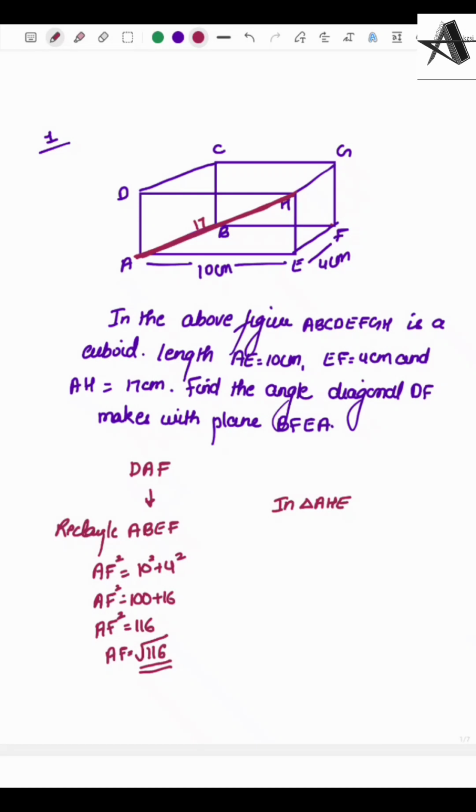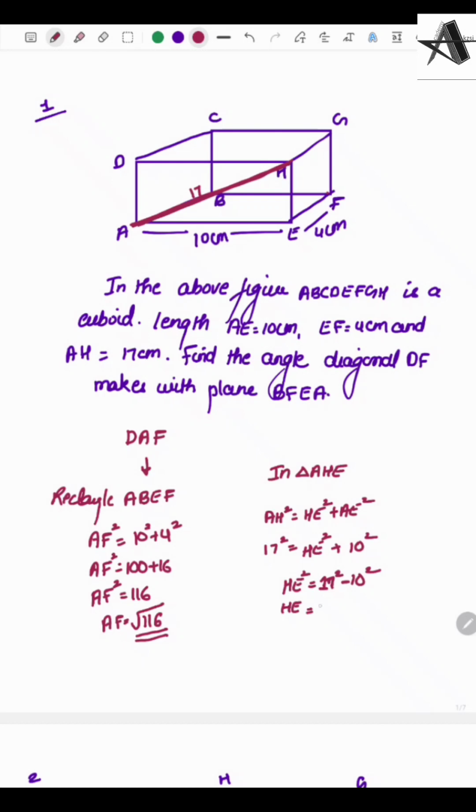So in triangle AHE, again applying Pythagoras theorem, AH squared is equal to HE squared plus AE squared. AH is 17 squared, AE is 10 squared. So HE squared is 17 squared minus 10 squared.